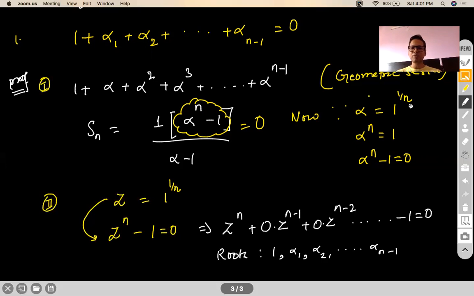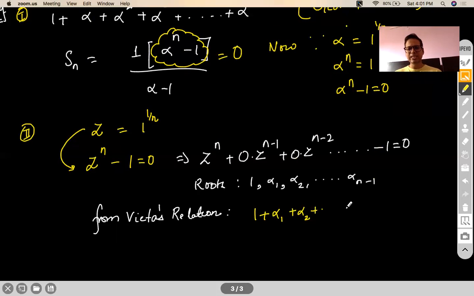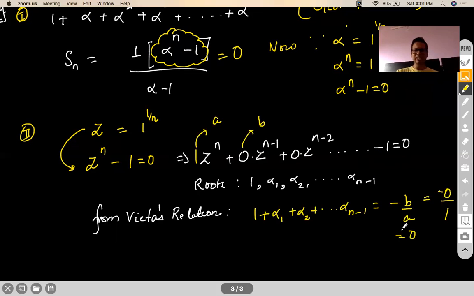Now from Vieta's relation, which we have already done before, the sum of all the roots of any polynomial equation is nothing but minus b by a. This is your b and the 1 over here is a. So it's minus 0 by 1, which is anyways going to be 0. Okay, this is another way of looking at it.